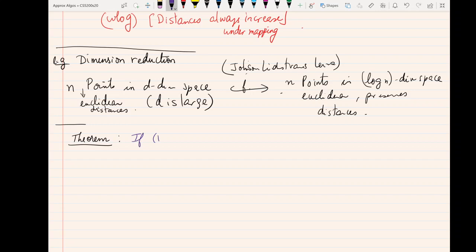So, if (V, d) is a metric space such that d(u,v) is greater than or equal to 1, note that this is just a scaling factor because you can always scale up distances to satisfy this. And of course, here I mean u is not equal to v.